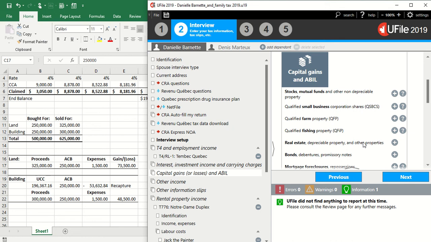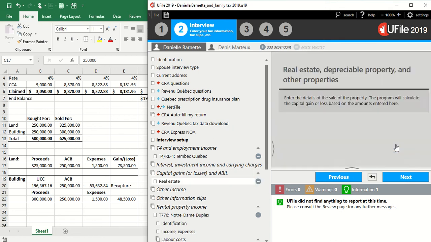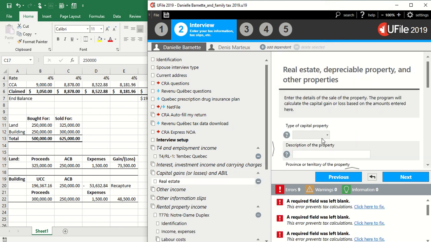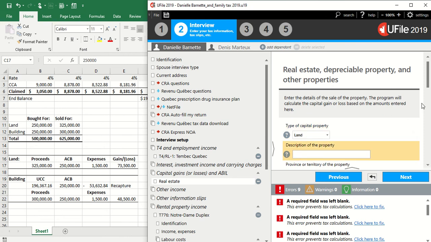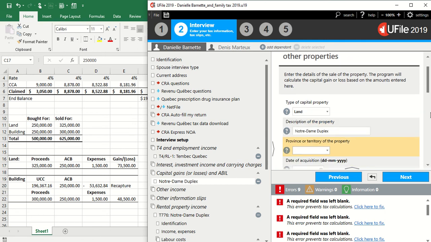Now capital gains. Let's expand this a little bit. We do have a real estate option. Type of property would say land. Description of property, Notre Dame duplex. Province or territory where it's disposed.